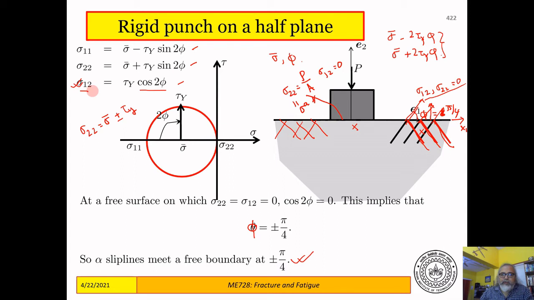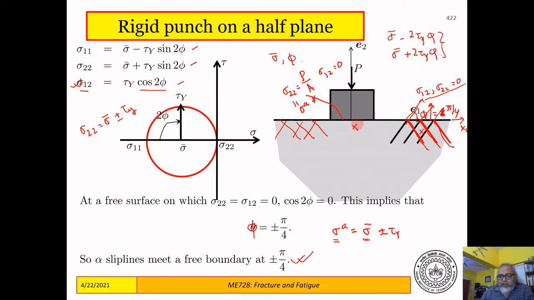If you put sigma 1 2 equal to 0 here, you still get that phi is equal to plus minus 45 degree. And then sigma 2 2 is sigma applied, which is equal to sigma bar plus minus tau y, because sine 2 phi is plus 1 when phi is plus pi by 4, and minus 1 when it's minus pi by 4. So now you have to guess whether this is going to be less compressive than this.